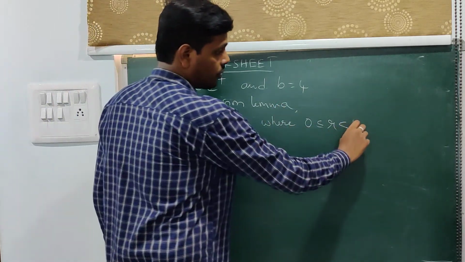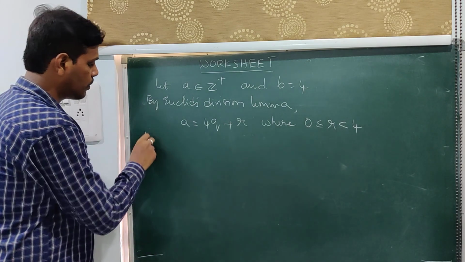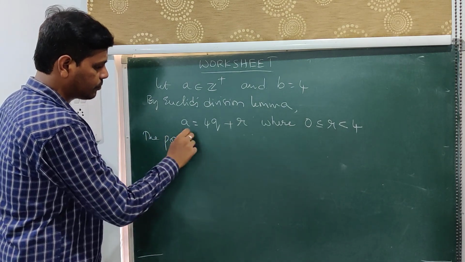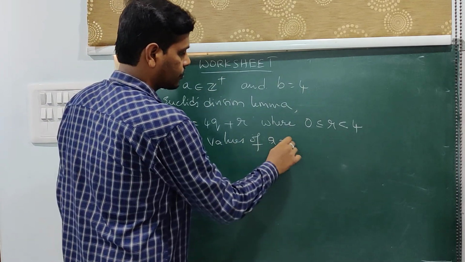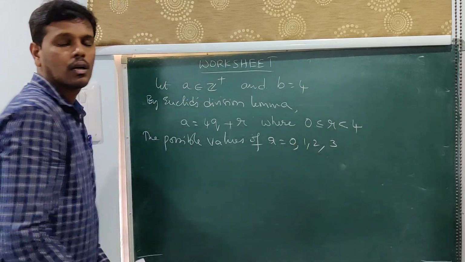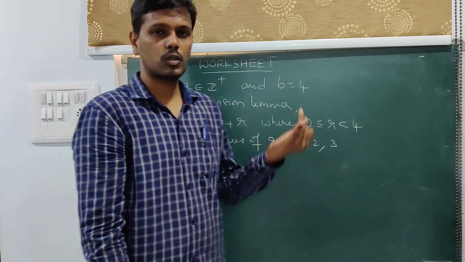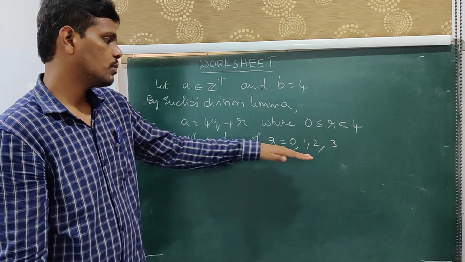So here b is 4. Now think of the possible values of r. The possible values of r are 0, 1, 2, 3. That is less than 4. Less than 4 you have 3, 2, 1, and you can also take 0. So these are the possible values of r.